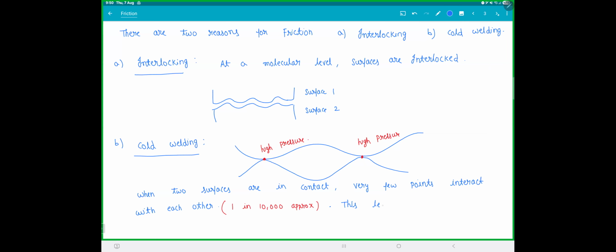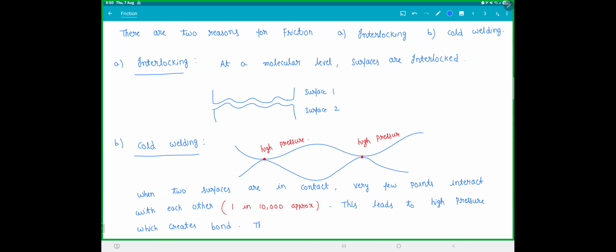This leads to high pressure at these points, which creates bonds. This phenomenon is called cold welding. So basically you're sticking the two materials without applying any heat or anything.